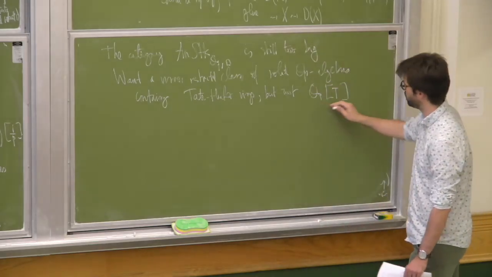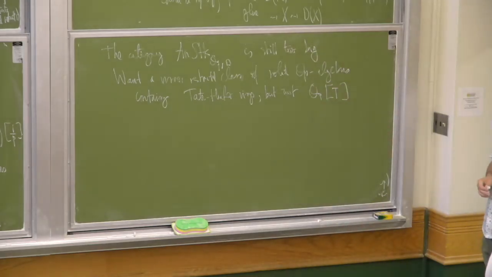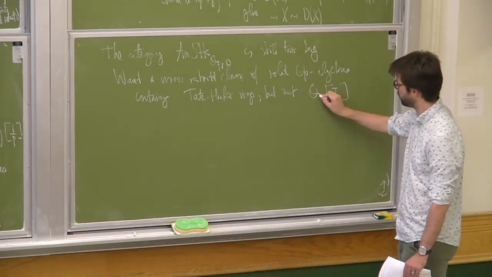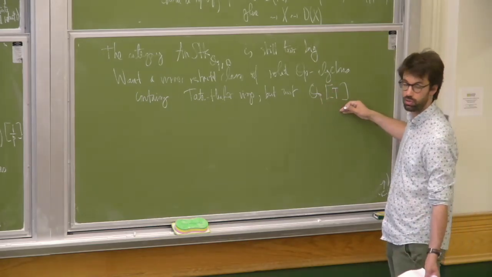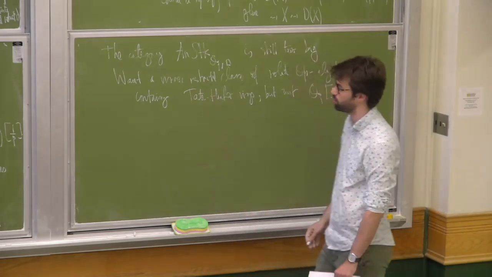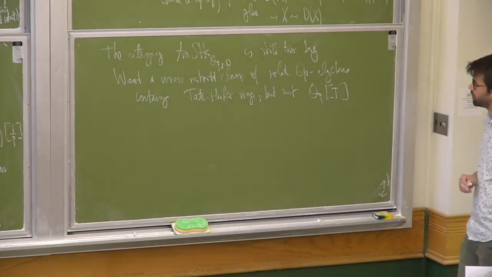So Q_p[T], the polynomial algebra, is just as a Q_p-module a direct sum of copies of Q_p. So that's solid over Q_p. So that's an example of a solid Q_p algebra.